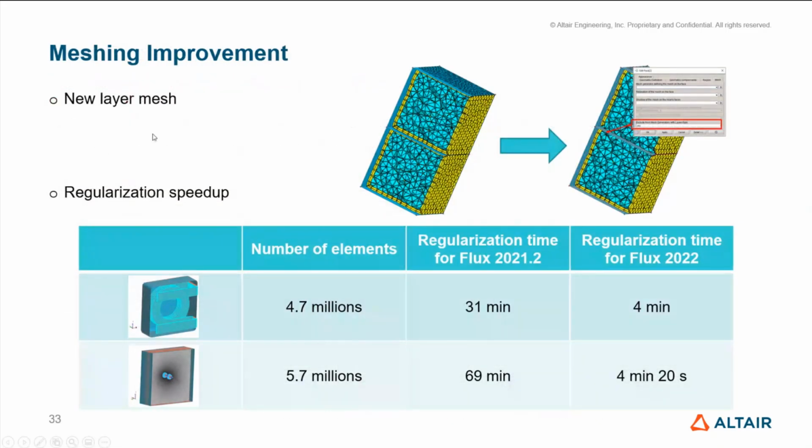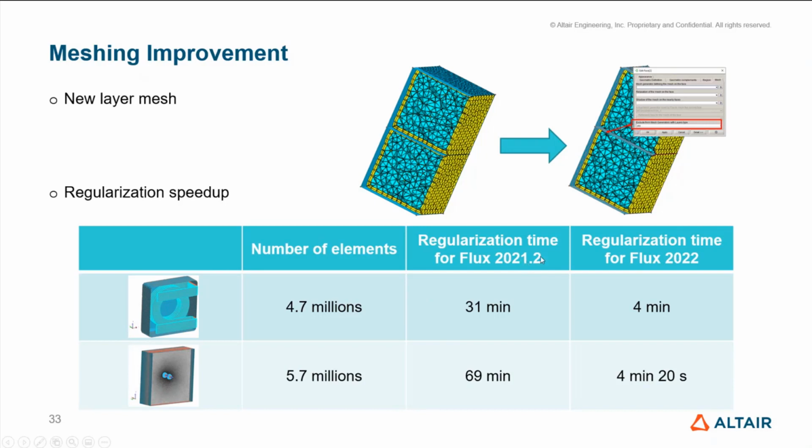And other improvements, for example, for the meshing improvement, we have a new functionality to generate a layer mesh by some surface region here. And also we have fixed and added some new features in our meshing system to improve the meshing time, as you can see here.